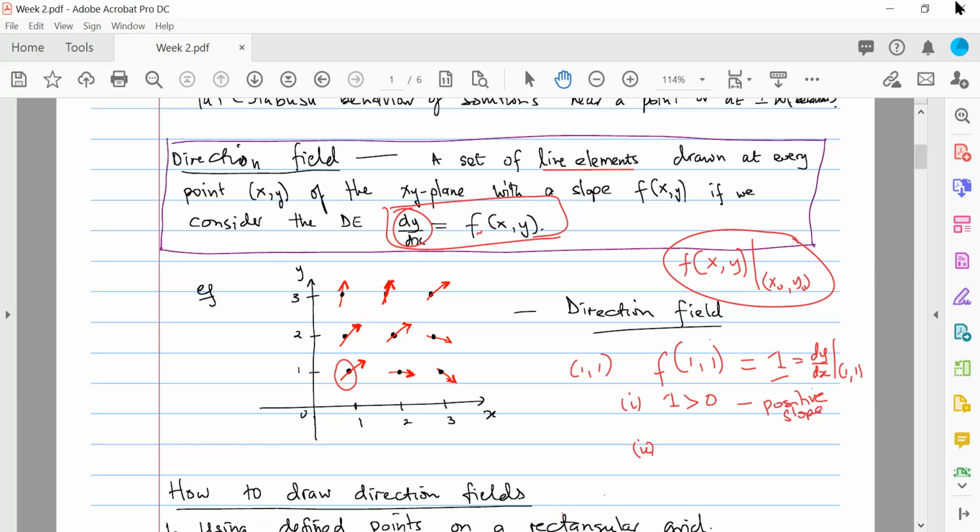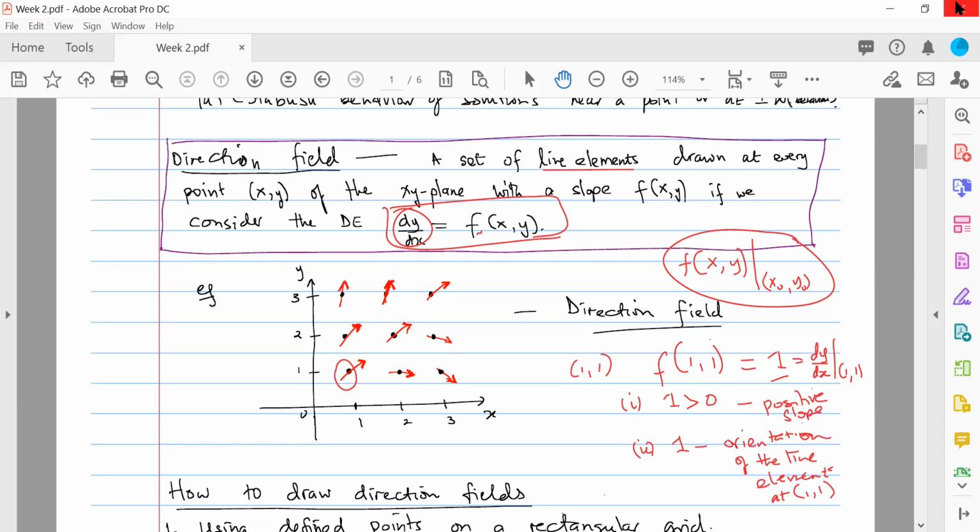And two, 1 can tell us about the orientation of the line element at the point (1, 1).